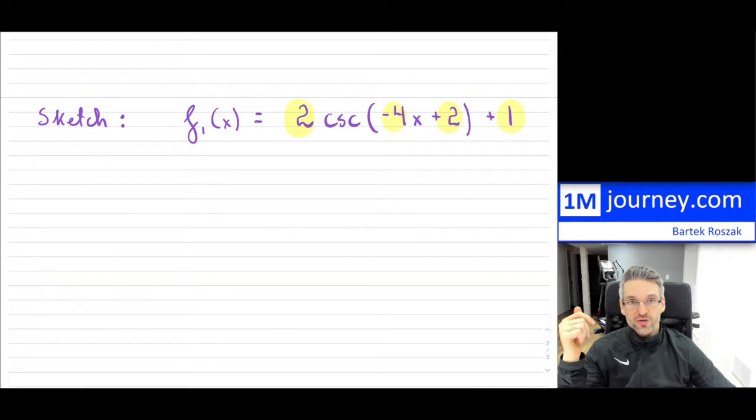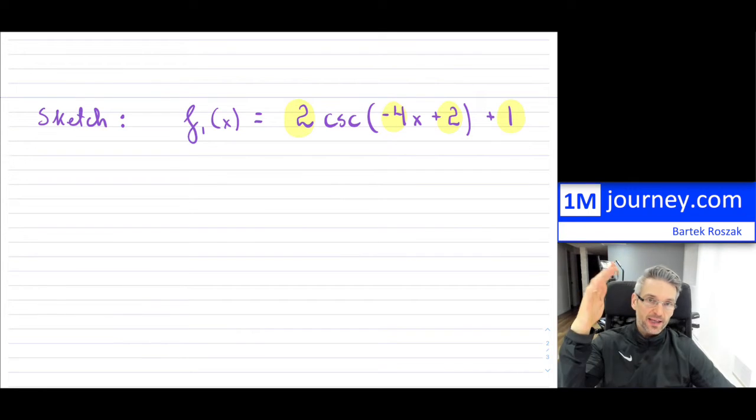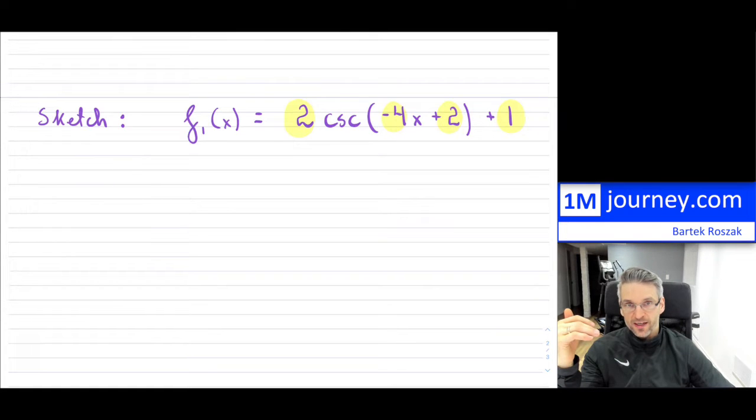It can also do a mirror image if they're negative. And then there are 2 things in terms of translating, to the left or to the right, and then up and down. So we have those 4 things that we have to think about.